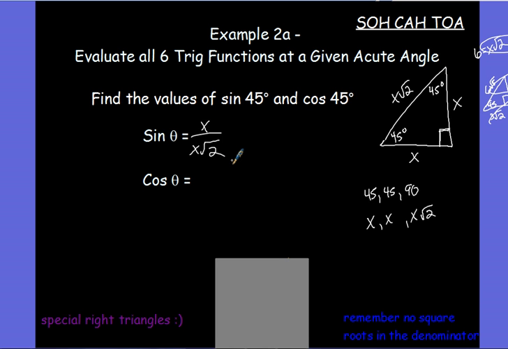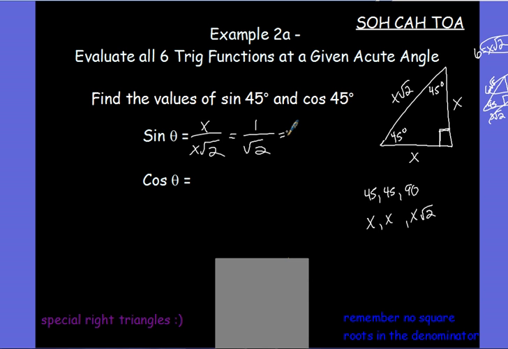Now, notice anything? The x's will cancel. So I'll be left with what? If this cancels, there's got to be something up there. So it would be 1 over square root of 2. Notice anything? So then fix it.